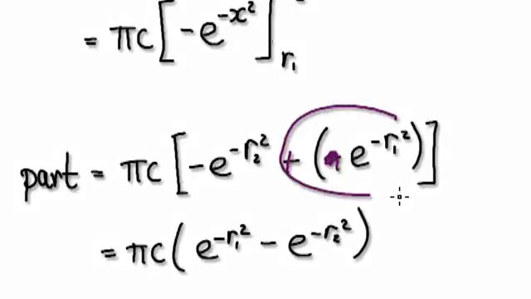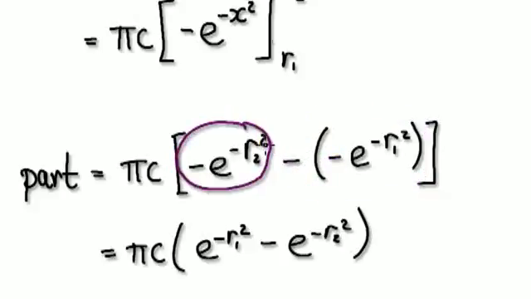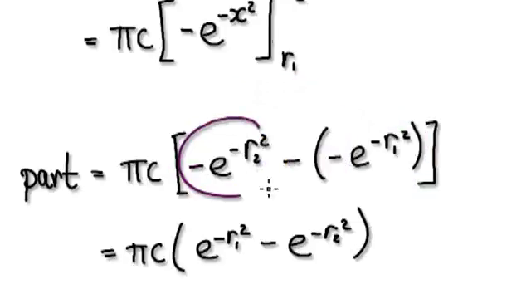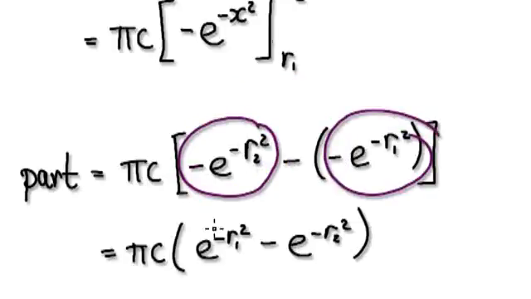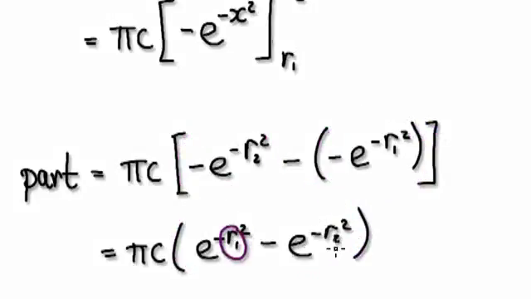Notice that you've got a positive R1 here, so you've got this plus this thing here. Let's switch these two around so it looks neater. So that will then give you this. It is indeed R1 here, and then R2 is over here. So this is just the part.